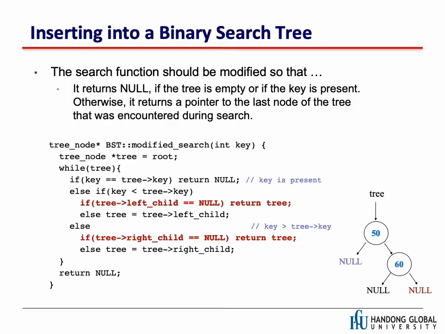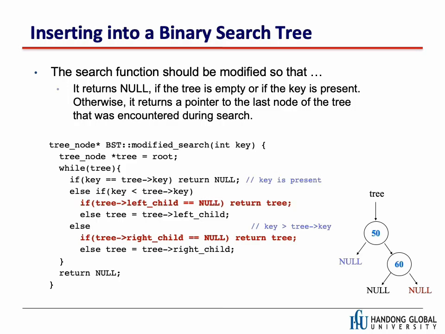But instead, we check this one: 50's left child pointer is null, so we return the pointer tree. Then we can add a new node at the place of the blue null pointer, and 50's left child will point to that.